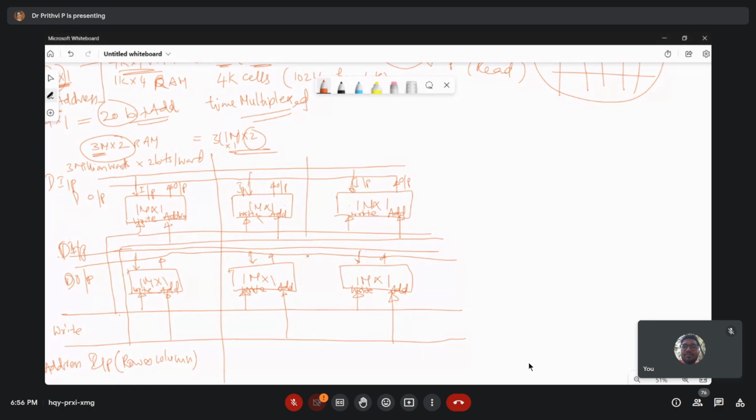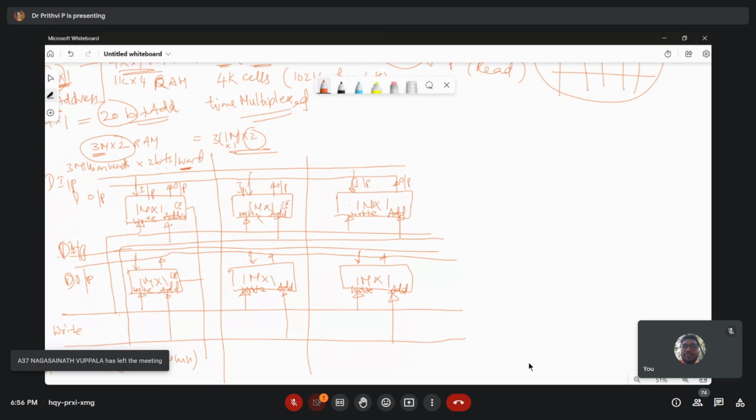Now how to address them: if you take this, what we call them as banks. This is bank 1 of 2-bit. What we said here, 3 million words of 2 bits per word, so it has 3 banks because this is 3M. So bank 1, bank 2, bank 3. Each bank will be having a chip enable, and this chip enable is common.